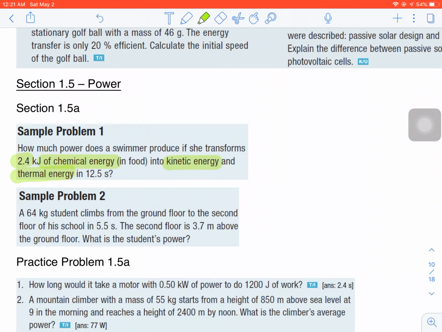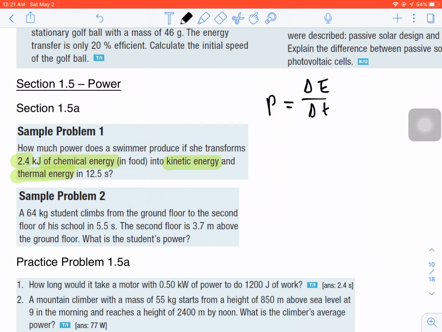Those two things are going to be the output energy from her input energy, which is food. So I'm not looking at how efficient this is. All I'm looking at is how fast her food is being burned. To calculate the power here, it's going to be the energy transformed divided by the time it takes for the transformation.